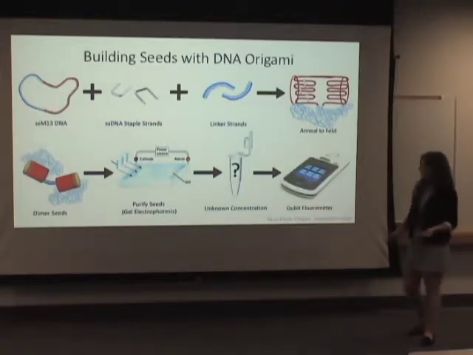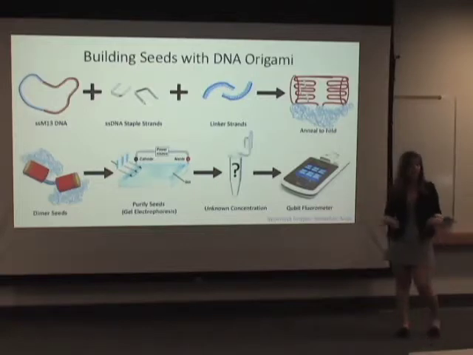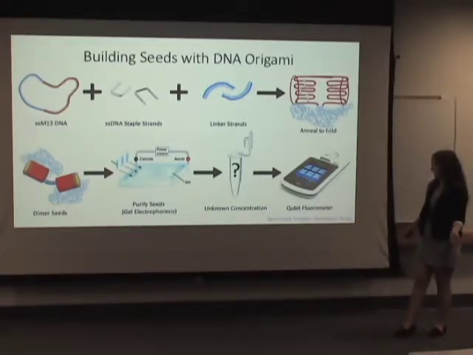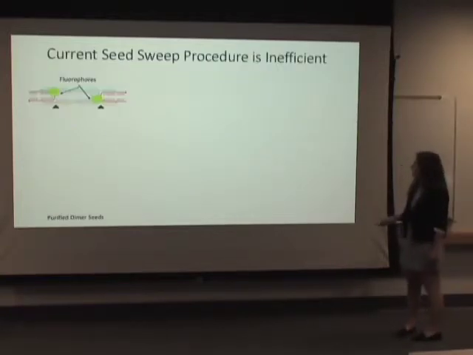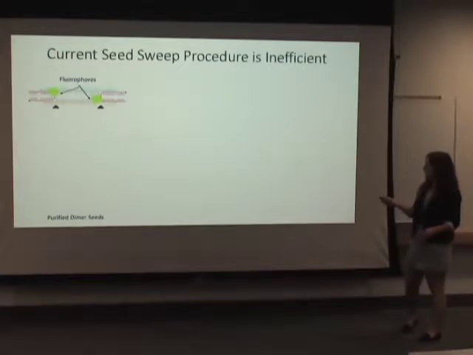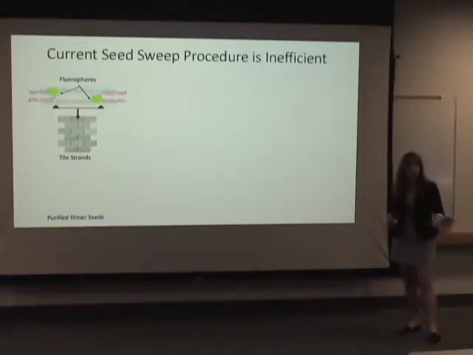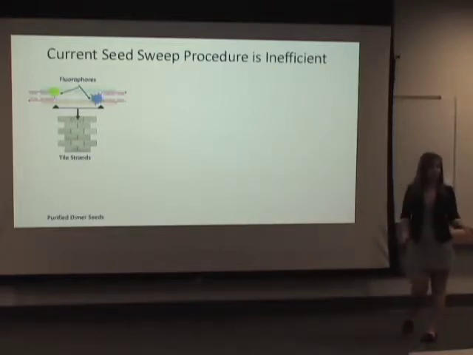And then we anneal our seeds, or heat them up so they fold into the shape. And you'll notice not all of the M13 DNA is actually folded into the seed shape. There's actually an excess cloud hanging off. And so after that, we will mix the 2 separate seeds, and the linkers will connect and dimerize, and we have our seeds.